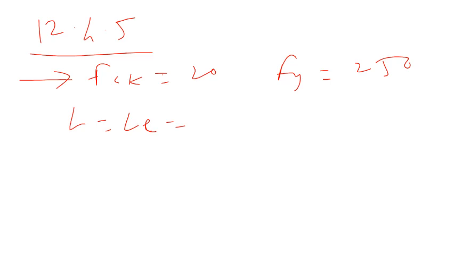Effective length and unsupported length are equal, that is 3.75 meter, and P is the load carrying capacity, not the ultimate load. So axial load is 1200 kilonewton. So we have to design this as a circular column.